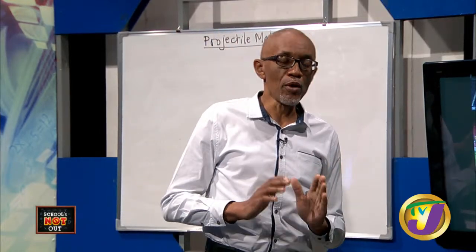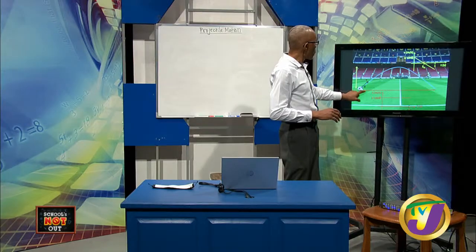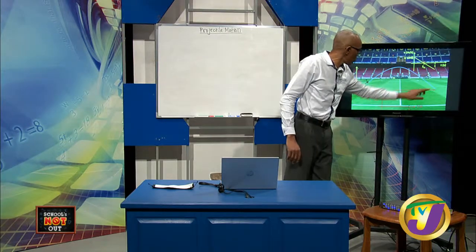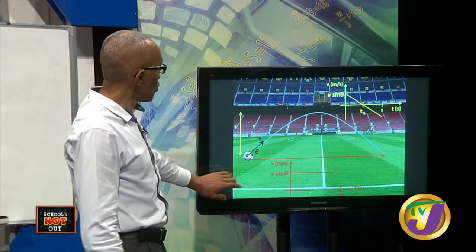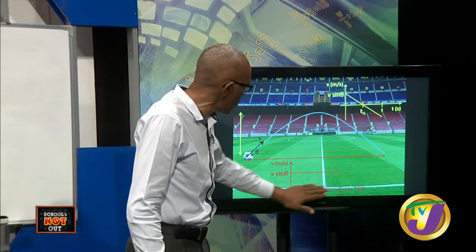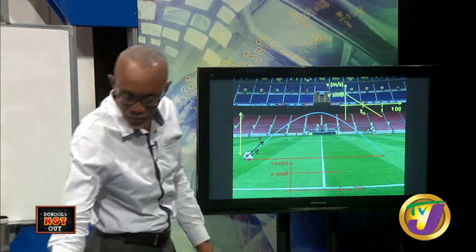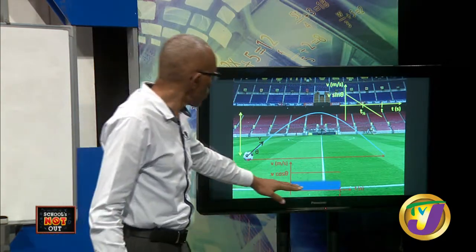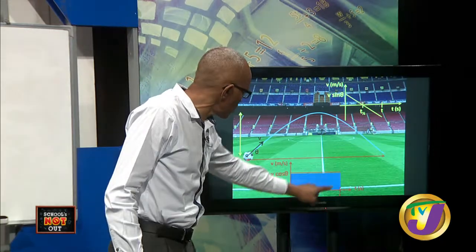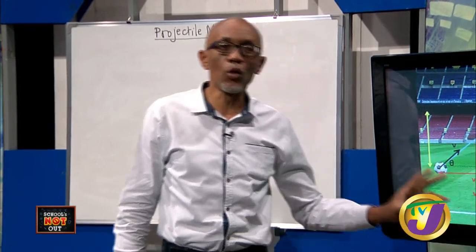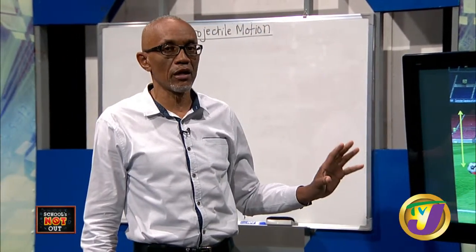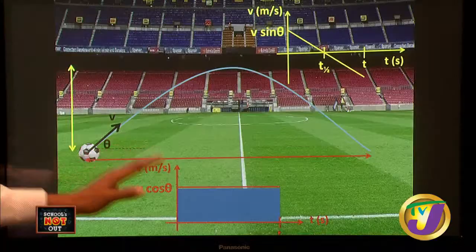So if we want to determine how far the ball travels, we must go to this graph, because this is our horizontal velocity graph. If we determine the area under this graph here, that is numerically equal to the horizontal distance that the ball travels.